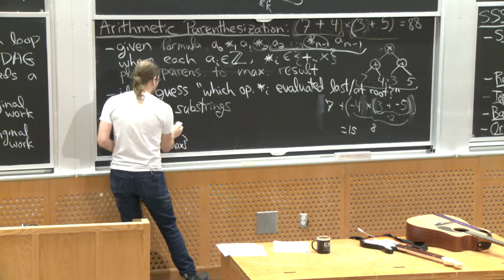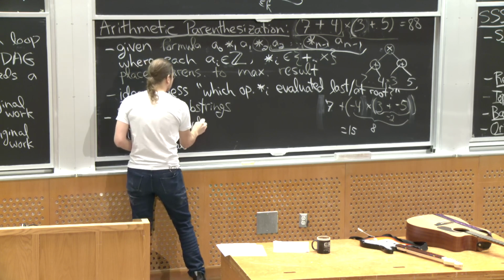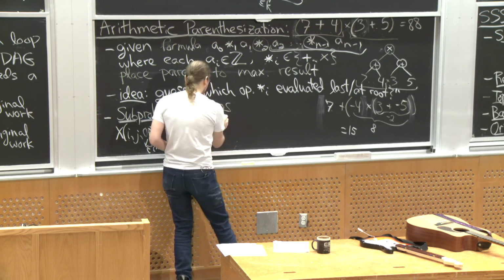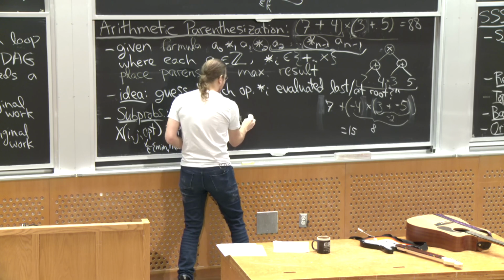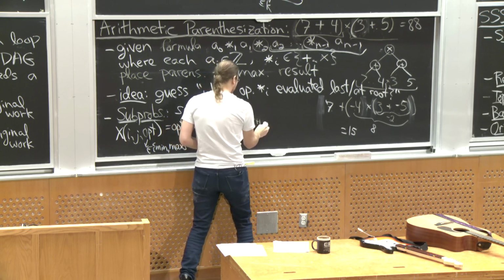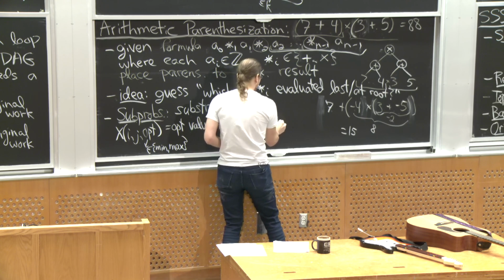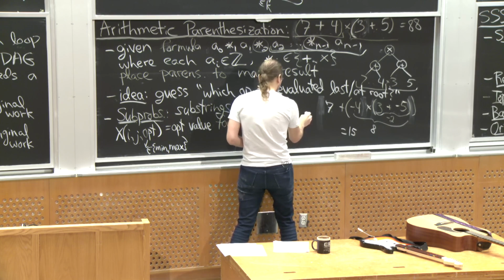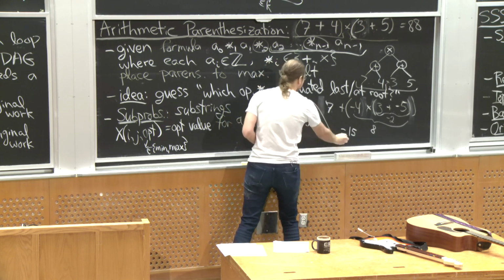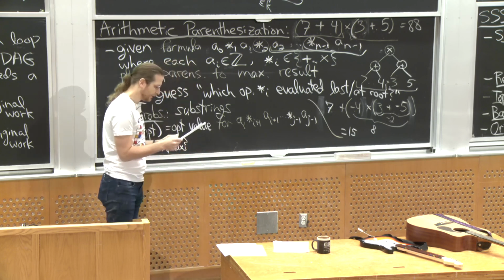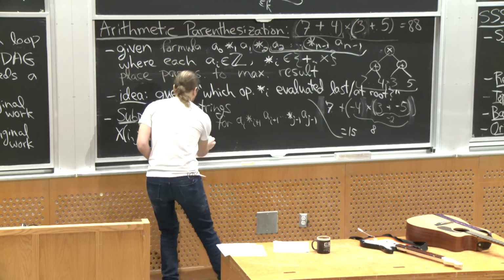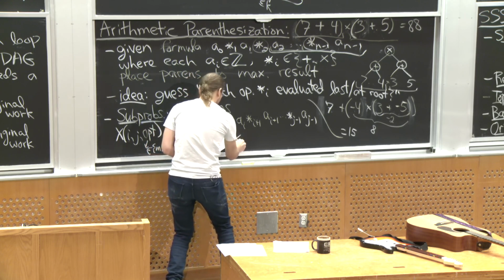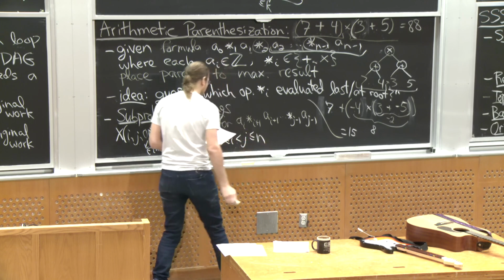So this is going to be the opt value, where opt stands for optimum, or optimization, that I can get for the substring a_i star a_(i+1) and so on, to star a_(j-1). OK, being careful to get my indices correct here. And I want 0 less than or equal to i, less than j, less than or equal to n.